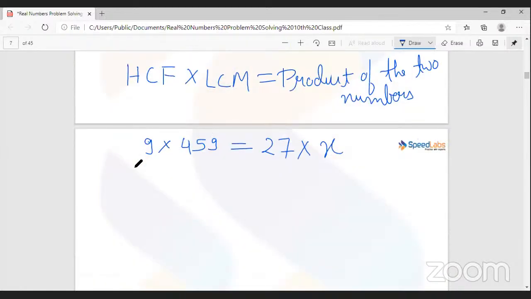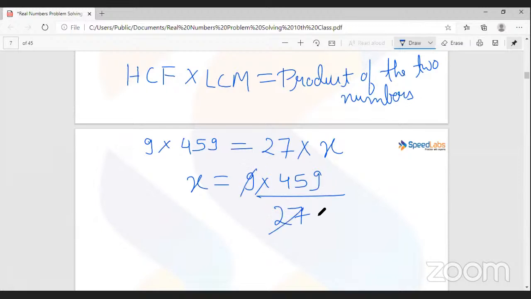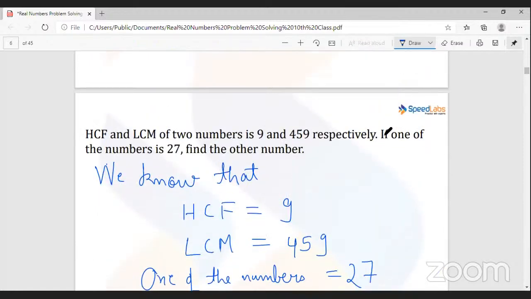So now X equals 9 into 459 by 27. So 153. So the correct answer here is 153, and the question was to find the other number.